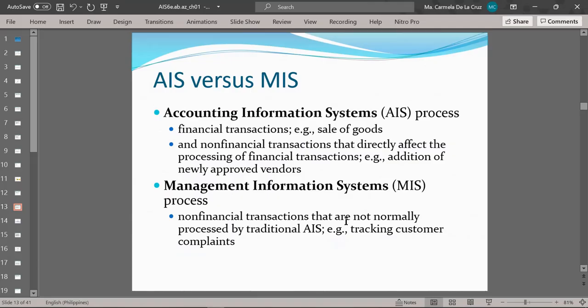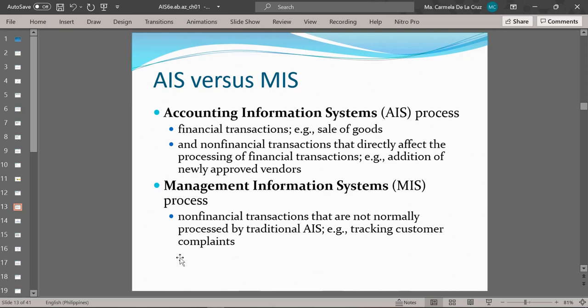Sa PowerPoint, ang example niya is tracking customer complaints. So, isipin natin. Customer complaints. Ibig sabihin, ito yung mga feedback. Feedback, which could be negative kasi complaint eh. Kasi when you say positive, it should be compliment. So, ito yung mga example ng information na pinaprocess ng MIS.